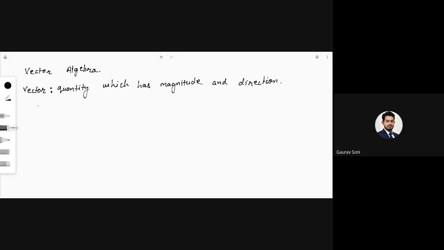So for example, when you talk about the displacement, talk about velocity, and so on. A scalar is something which just has a magnitude and not the direction.